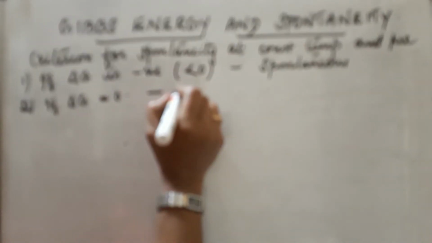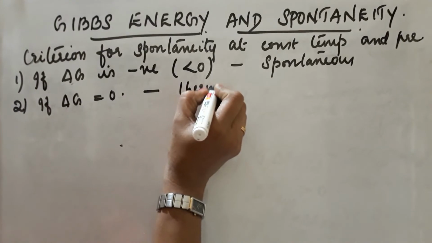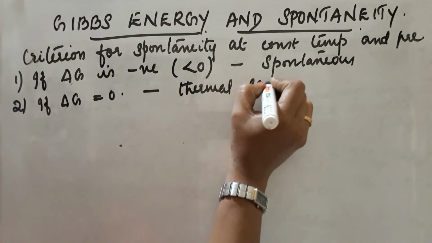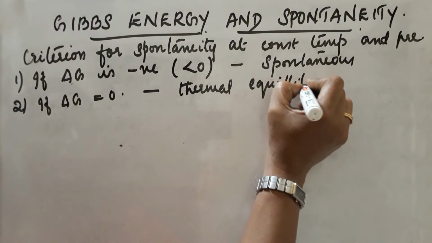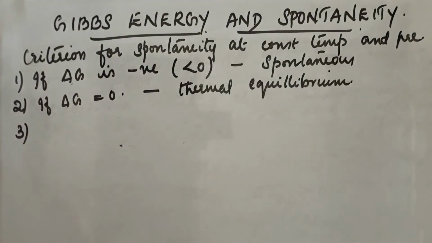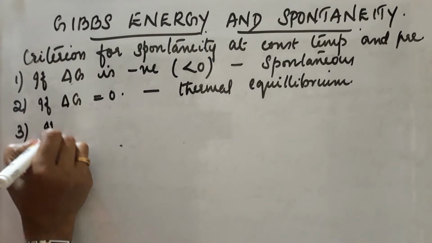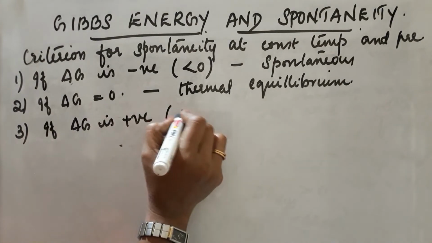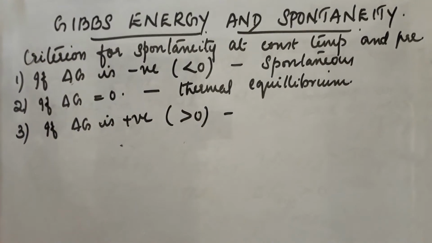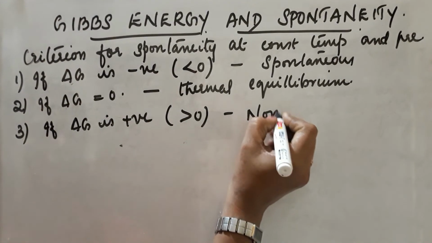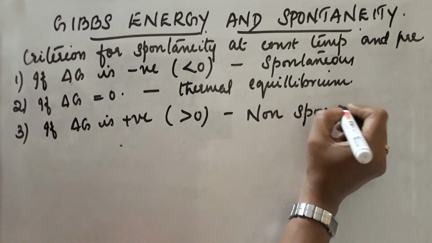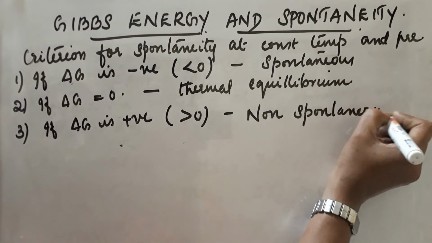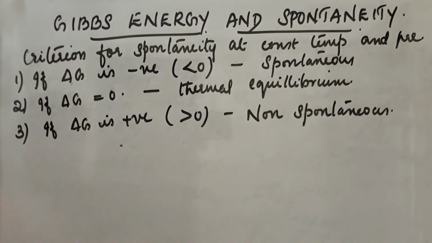The process is in thermal equilibrium. Now, third condition, if delta G is positive, or greater than 0, the process is non-spontaneous. These are the different conditions for spontaneity.